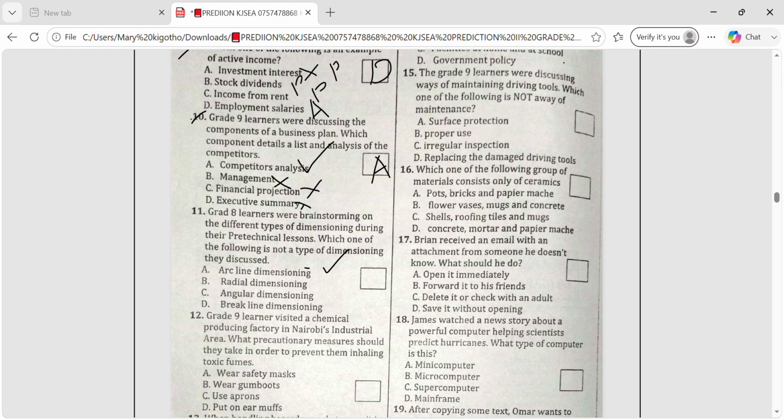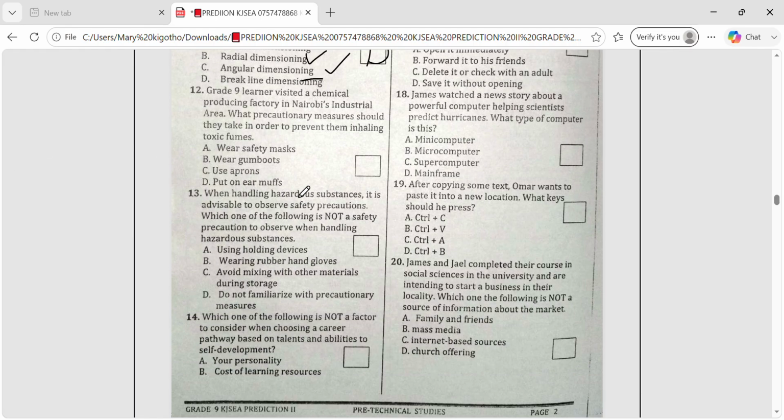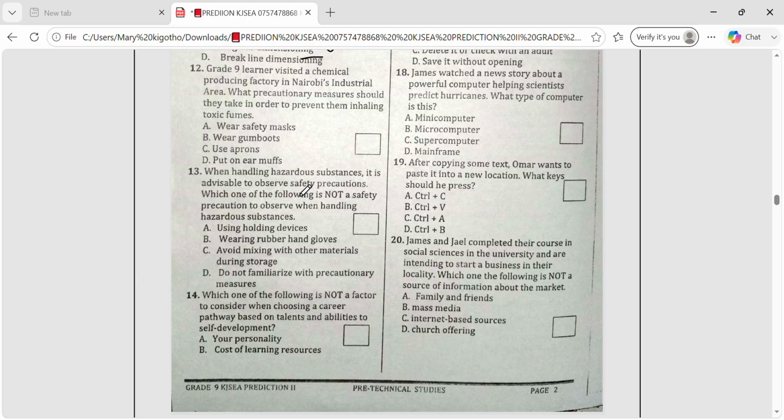Radius dimensioning, yes, it's there. Angular dimensioning, yes, it's there for angles. But break line, no. So the correct answer there is D. We don't have break line dimensioning. Now let's continue.